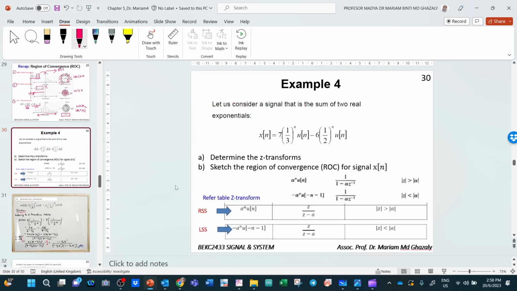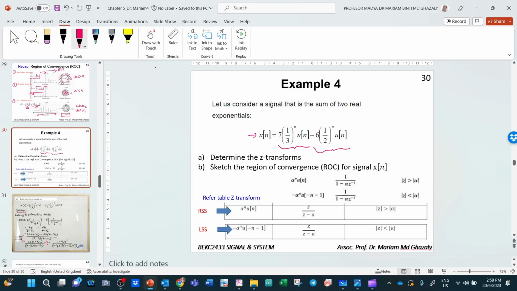So let's look at example 4. Let's consider a signal that is a summation of two real exponentials. In this example, x[n] is given by 7 multiplied by (1/3) to the power of n u[n], minus 6 multiplied by (1/2) to the power of n u[n].